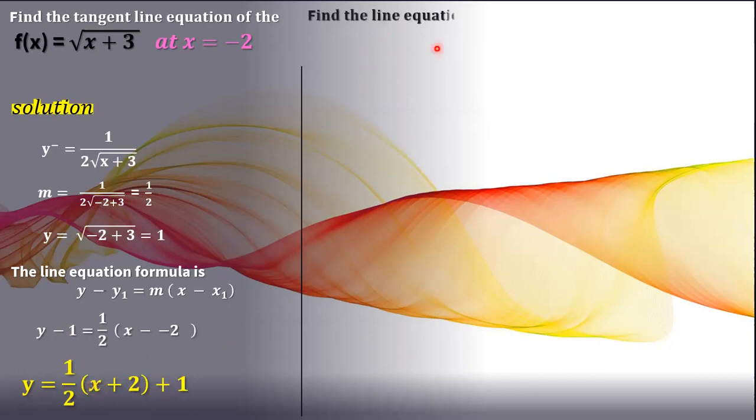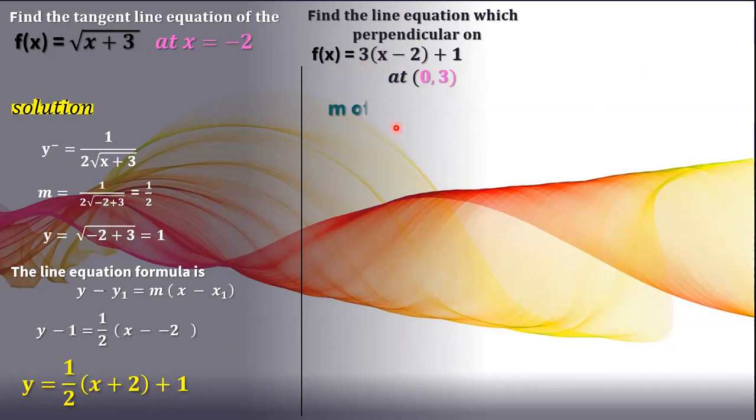Find the equation which is perpendicular on f of x equal 3 times x minus 2 plus 1 at 0 and 2. Okay. Now, what about perpendicular? This line, the slope is 3.